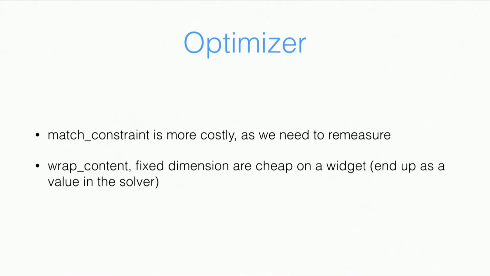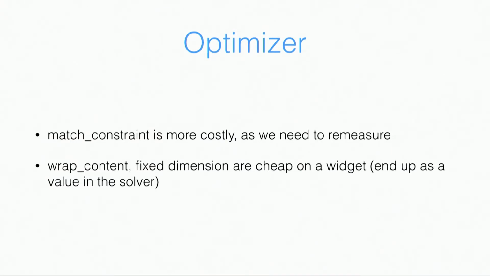There are some situations where we don't do that. In some cases, we don't care about the original dimension, so we don't even bother measuring the first time. But fundamentally, if you can keep everything as fixed dimension, and I include wrap content in that case, it's probably the fastest, right?